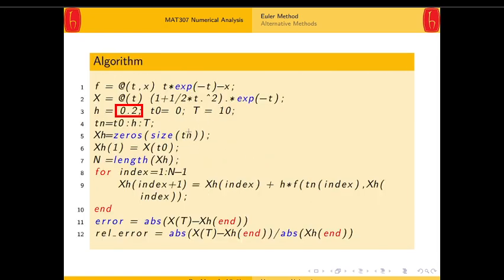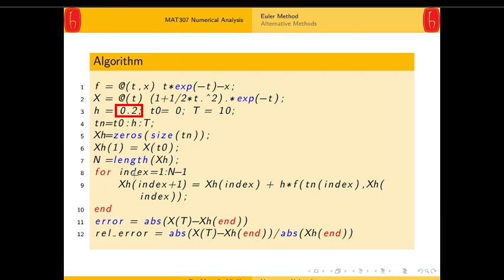Okay, so if we substitute 0 there, this will be equal to 1. So we initialize the solutions, and we say n is equal to length of xh, so n will be the number of steps.